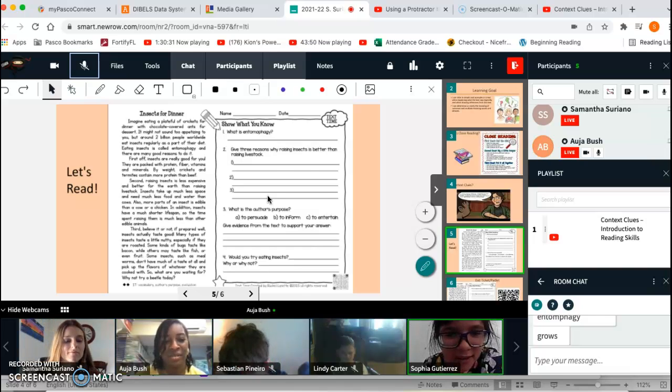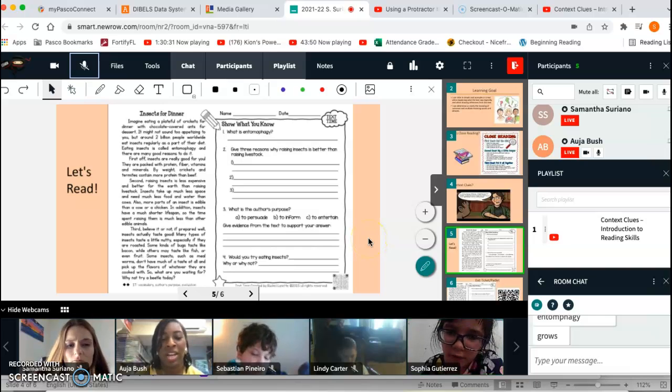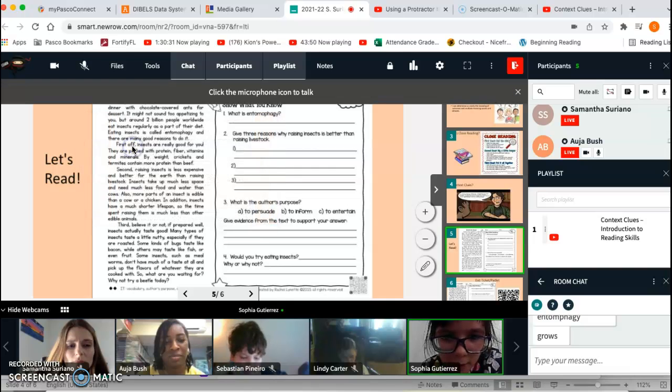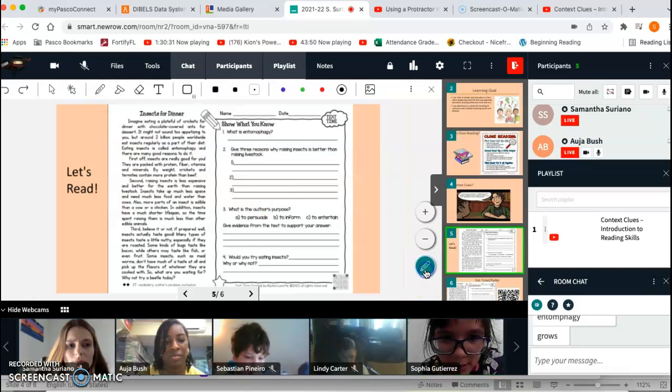And there's many good reasons to do it. First off, insects are really good for you. They are packed with protein, fiber, vitamins, and minerals. By weight, crickets and termites contain more protein than beef.